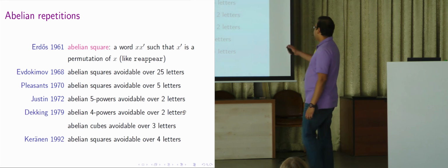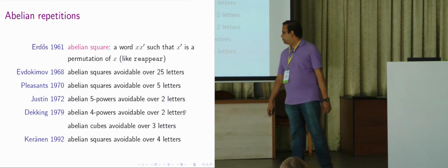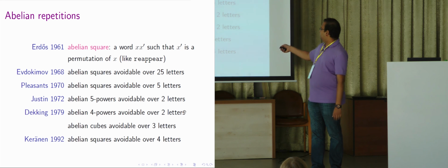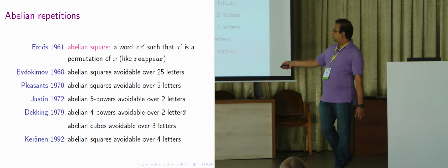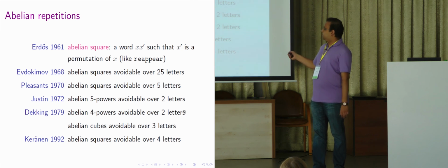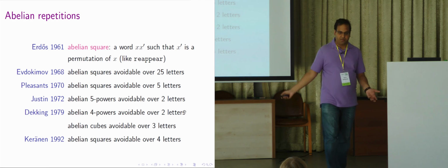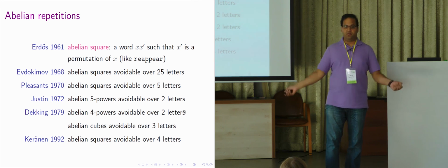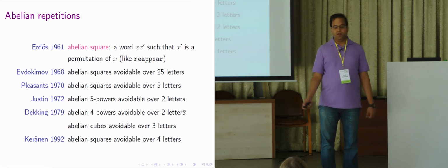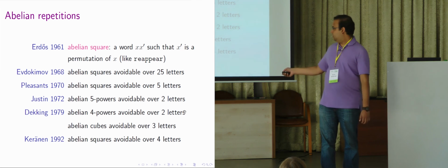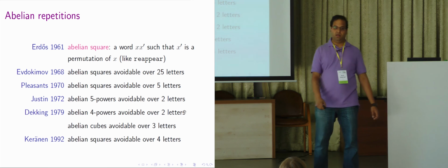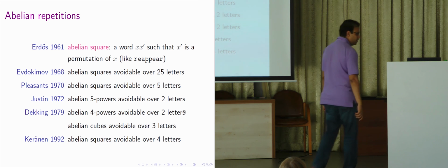So we have some of these results here. Remember, abelian squares are avoidable over 5 letters, in 1970 due to Pleasance. So of course the open question was, is 5 the smallest alphabet for which this is possible? The answer is no. It can be done over a 4-letter alphabet, and this was proved by Keränen in 1992.